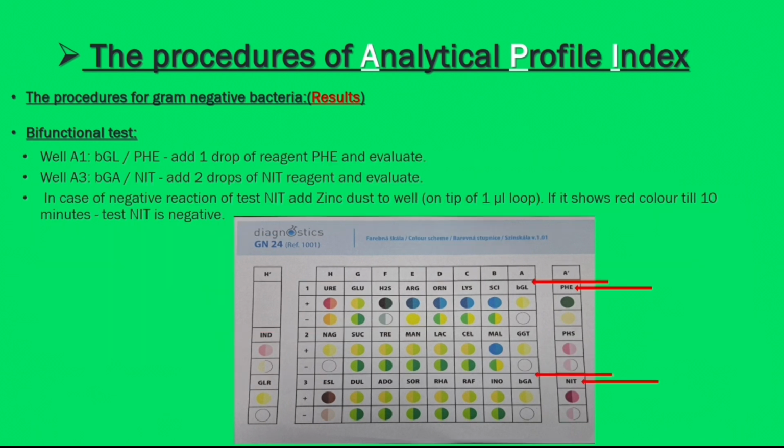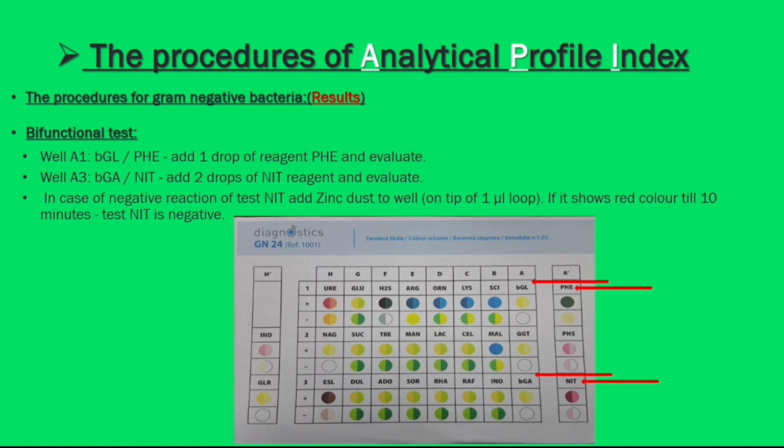Bifunctional test well A1 and well A3. Well A1, take the result of BGL, then add 1 drop of BHE for the test BHE and evaluate the color change, then record in the previous scheme.